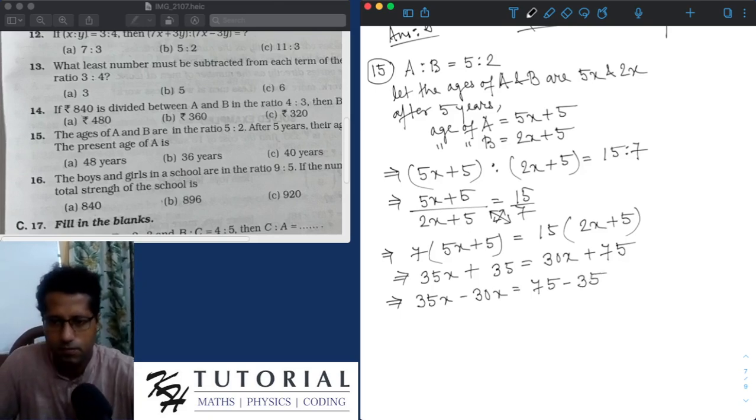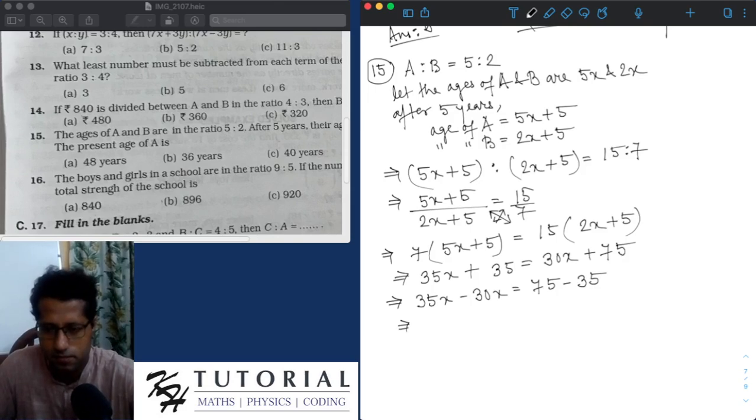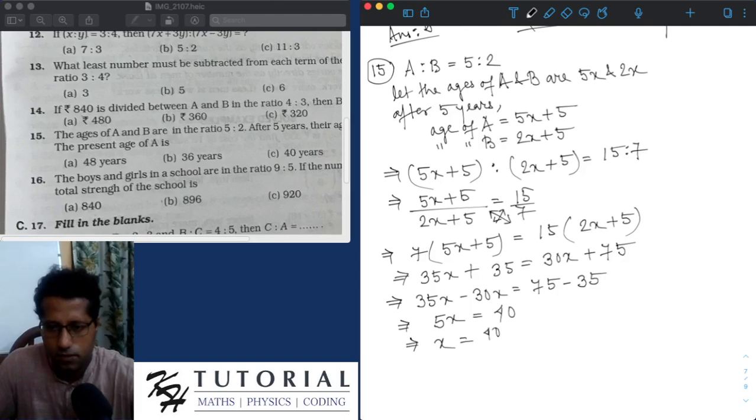Simplifying, 35x minus 30x is 5x, and 75 minus 35 is 40. So x equals 40/5, that is 8.